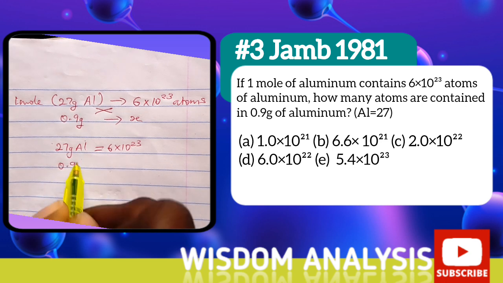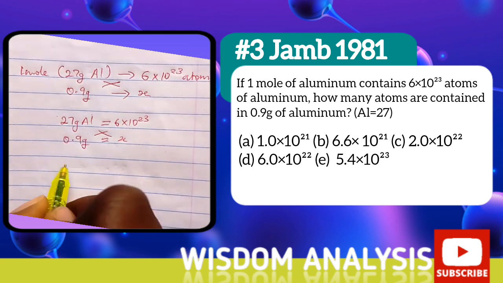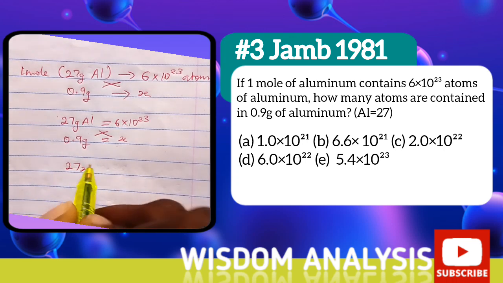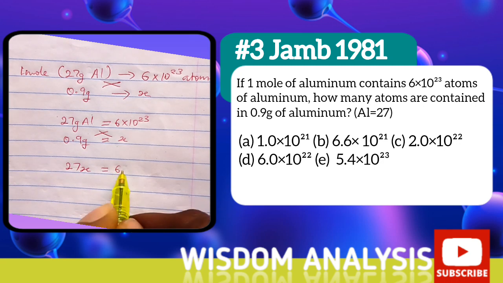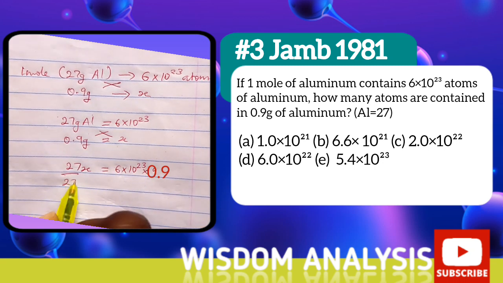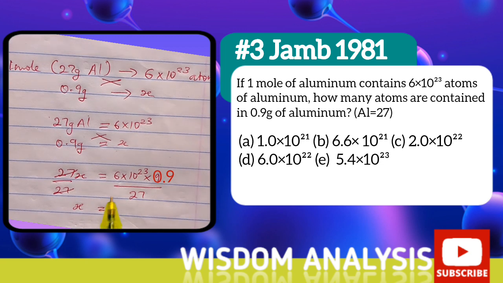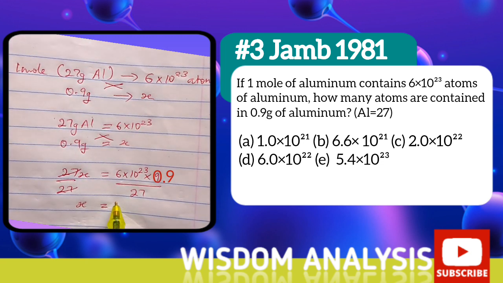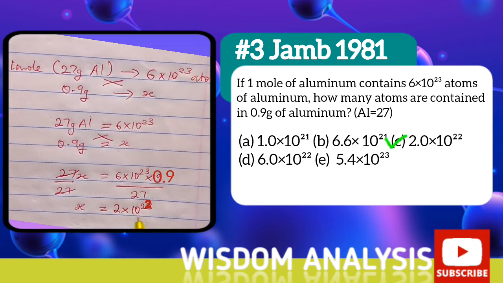Then 0.9 gram will give me x. Cross multiplying, 27x equals 6 times 10 raised to the power of 23 multiplied by 0.9. Dividing both sides by 27, the answer is 2 times 10 raised to the power of 22 atoms.